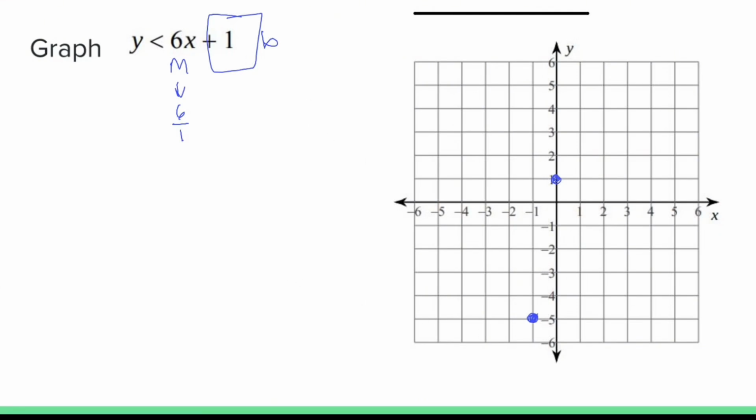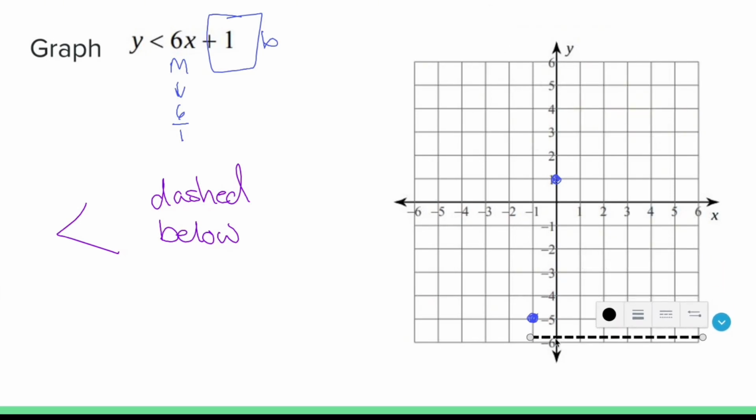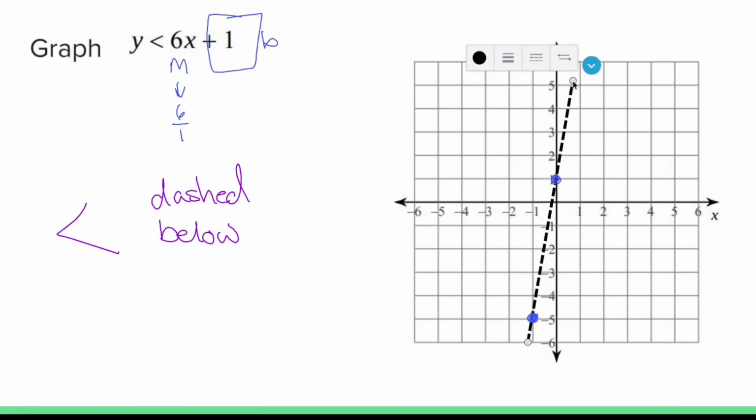Now this is a less than symbol. When you have a less than symbol, you have two things going on. First off, it's a dashed line. And second, you're going to shade below the line. So let's change this line into a dashed line. And we'll connect these two dots like so.